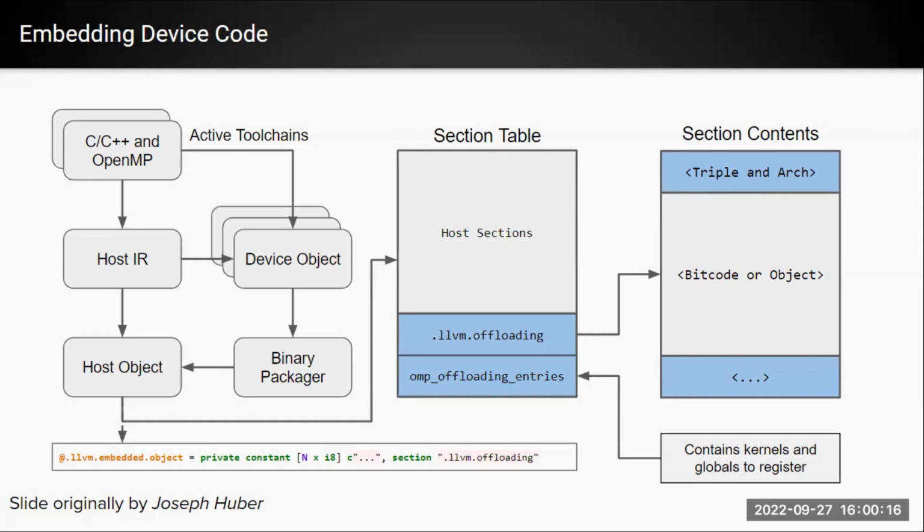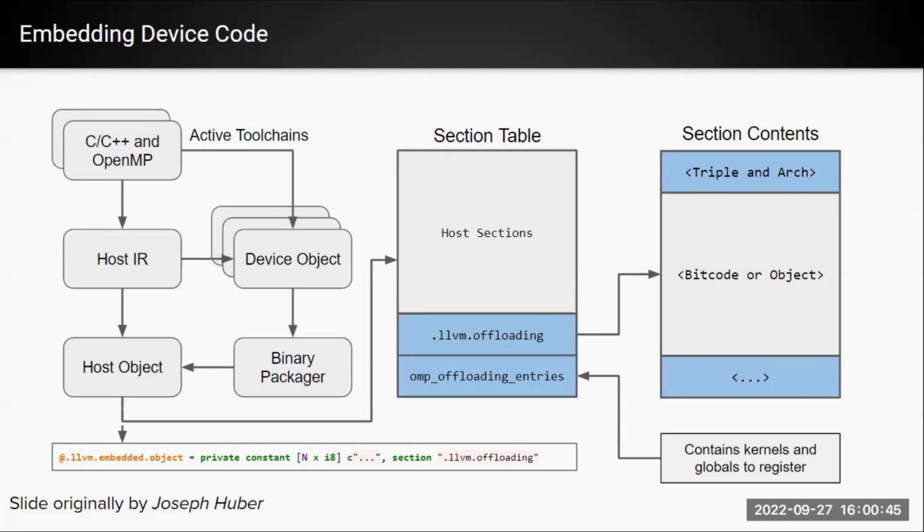And at the start of your application, if OpenMP offloading is enabled, we have a constructor, a startup function that runs before your code runs, like the code that initializes global variables runs before your code runs, right? So that function looks inside of that section, goes through all the kernels and all the global variables, and registers them with the runtime, so the runtime knows what's going on.